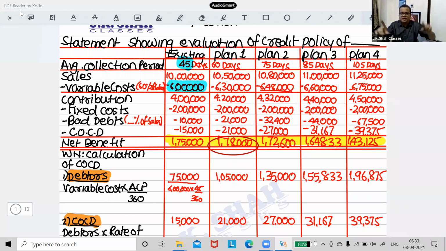What that means is that in this first existing plan, to all the debtors we have, we are giving the same credit period, 45 days. So I can say that by default this is all 100%.